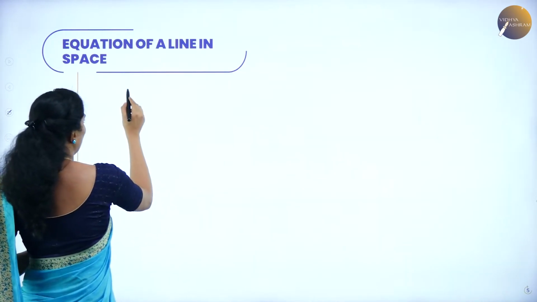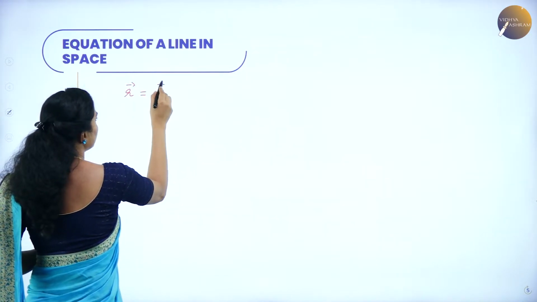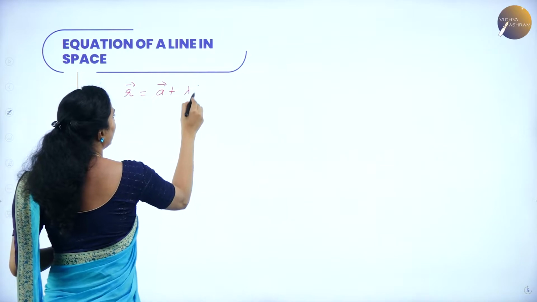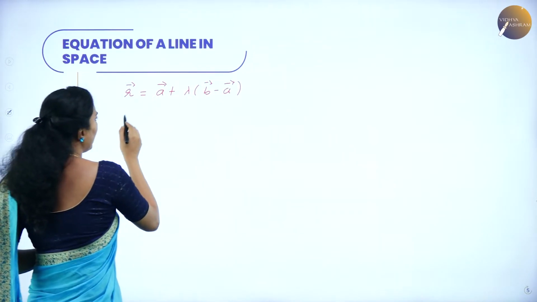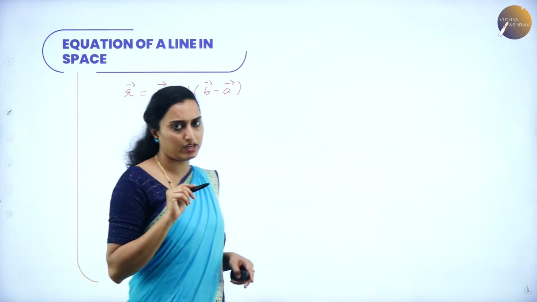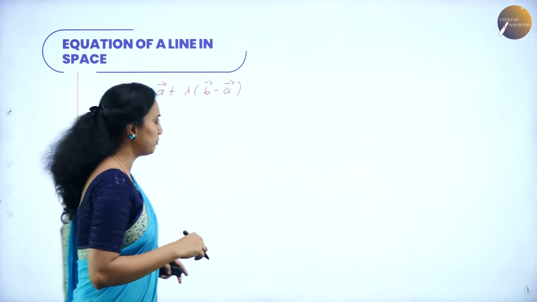Here we know that r vector is equal to a vector plus lambda into b vector minus a vector. Already we have worked out b vector minus a vector, and we know r vector and a vector also. Let us substitute that.